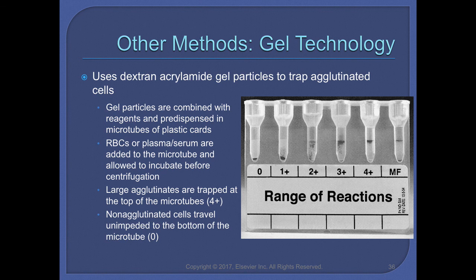So gel technology is actually good because it provides a stable and defined endpoint of hemagglutination, and it provides a method where objective and consistent interpretations of agglutinations are made. When you get a 3+ or a 4+, that's really not going to change between one technologist and the other.